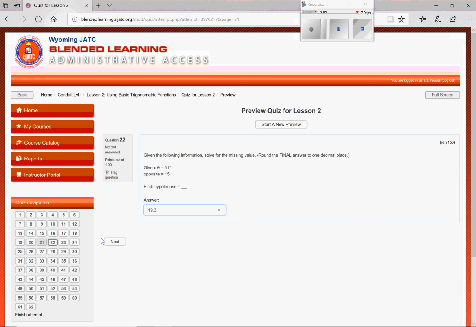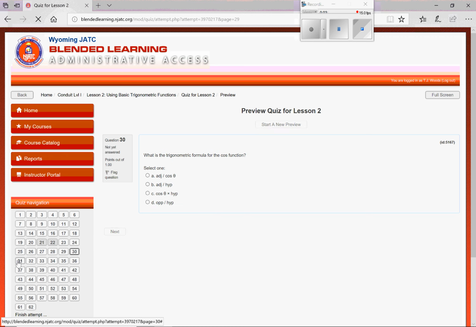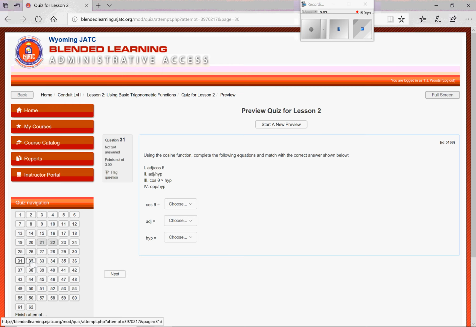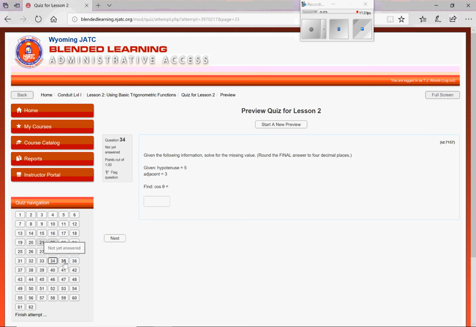I'm going to go forward a little ways, getting some cosine ones. Okay. So this one, they give you the hypotenuse and the adjacent.